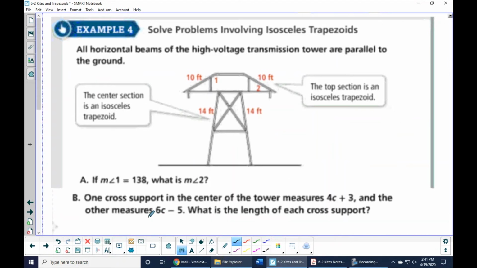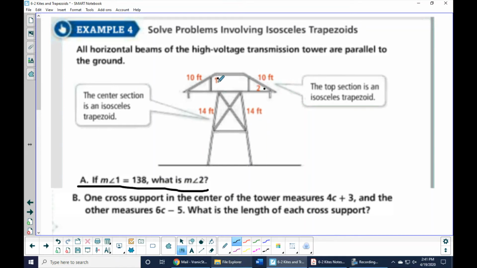Almost done here. A couple things. This problem looks so complicated. But if we look at this, here's the info that they give us. If the measure of angle 1 is 138, what is the measure of angle 2?